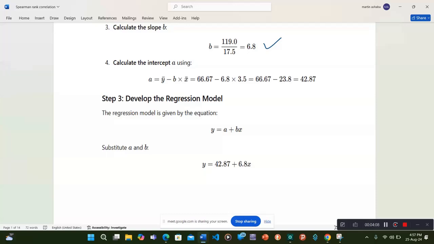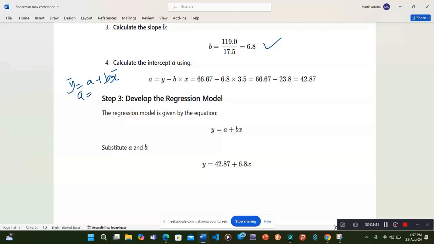From there, to get the intercept, we are going to use the mean values of this analysis. The mean values of x and the mean values of y are substituted in the equation y equals a plus bx. But now the values of x and y we use are going to be the means. Then we make a the subject of the formula.